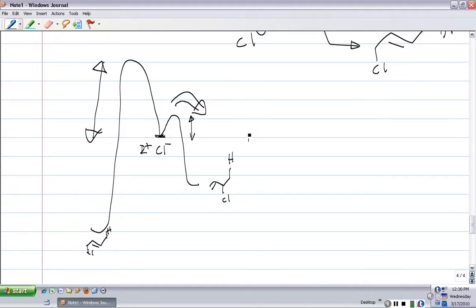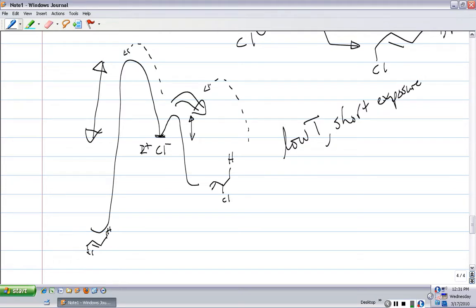I would probably get a trickle of the 1,2 species to reform the ion pair, and just a trickle of the ion pairs forming the 1,4 product. So if I run my reaction at a low temperature, and really for a short time, right, for short exposure, I will get a large amount of the 1,2 product.